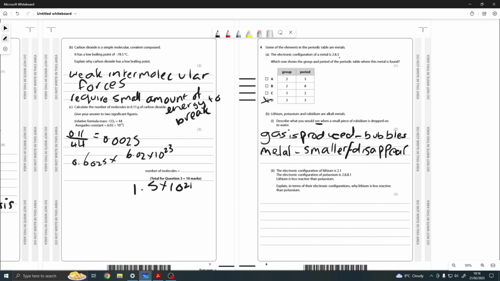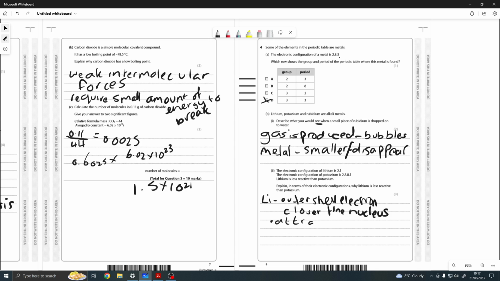So in lithium, as we remember, okay, lithium, the outer shell electron is closer to the nucleus. It is, because it's closer to the nucleus, okay? That means there is more attraction to the nucleus.